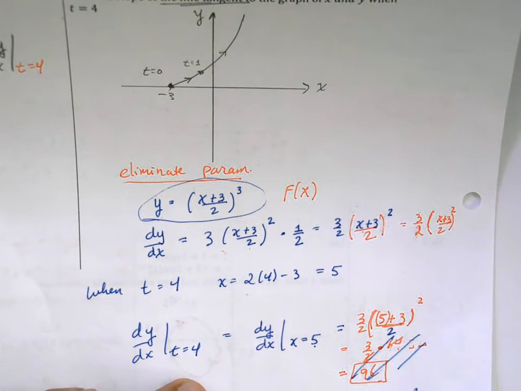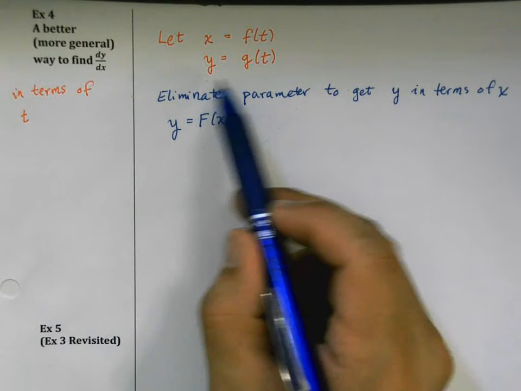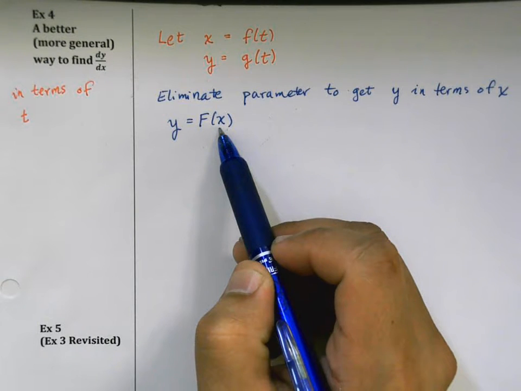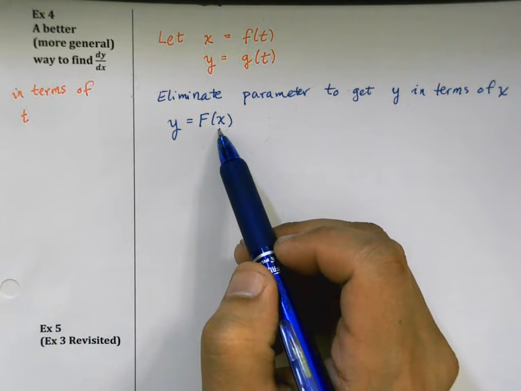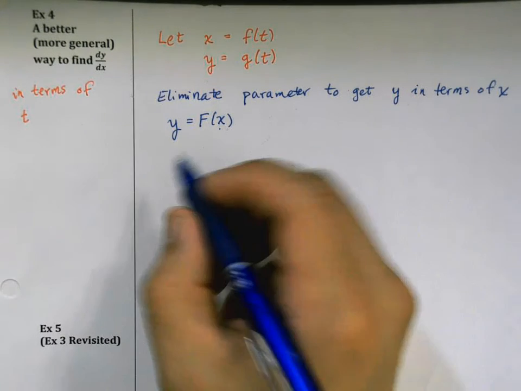Okay. And now comes the part where we start taking the derivative. Now, one thing that we can see here is that y is equal to g of t, and y is also equal to F of x. Therefore, we could set these equations equal to each other.